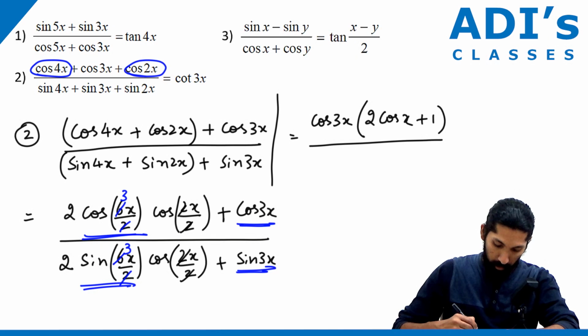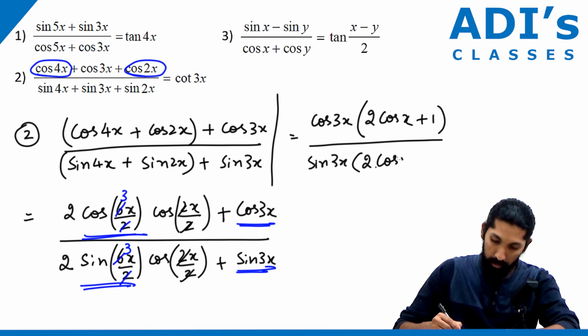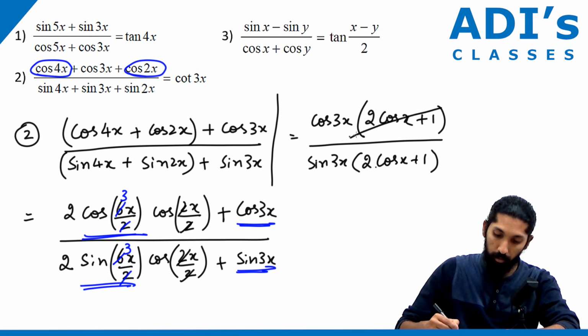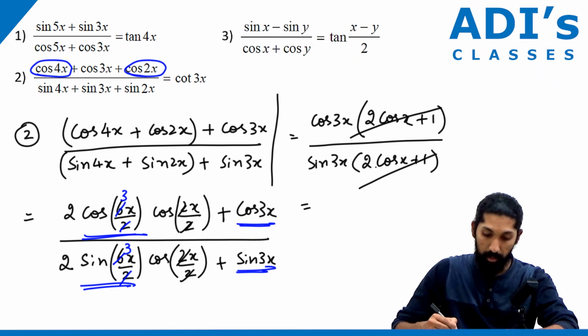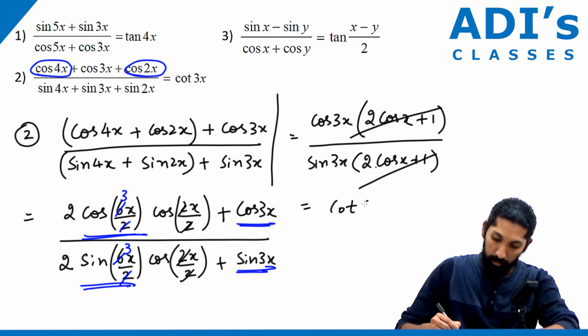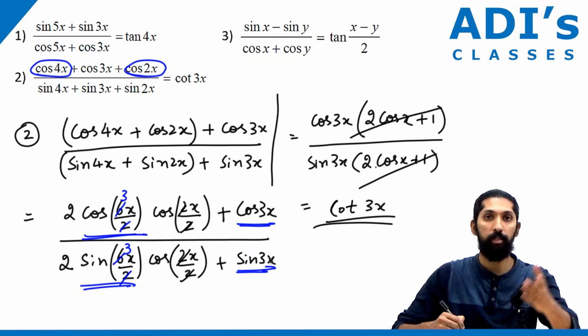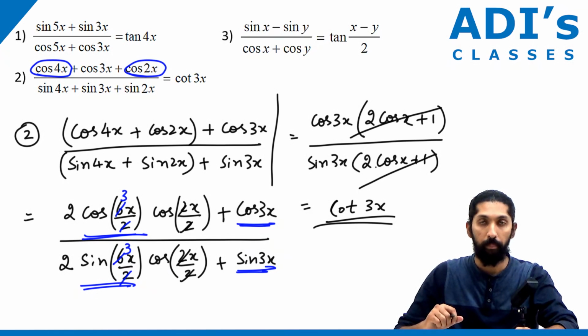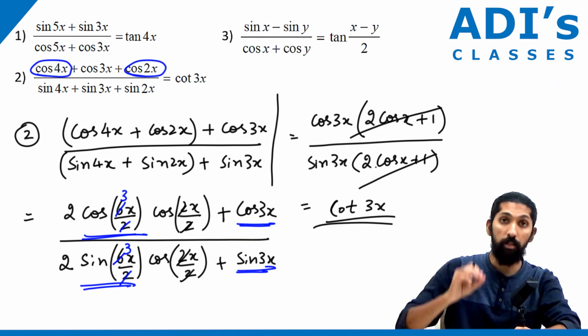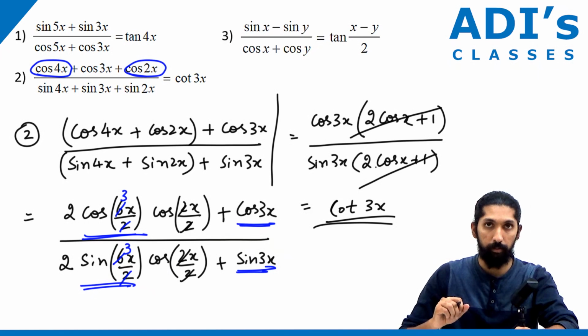Divided by, next you can take sine 3x common into 2 cos x plus 1. 2 cos x plus 1 cancel. Cos 3x by sine 3x. Answer is cot 3x. So the answer is going to be just cot 3x, which is there in the proving part. Fair enough?